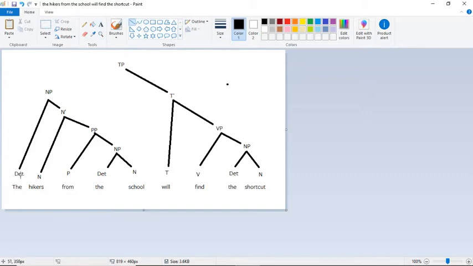What is this specifier giving information about? So again, if we talk about the rather than some, the hikers from the school. Does this work? How do I explain this? Well, we're talking about a specific group of hikers from the school. So when we use the definite article, usually it's in the case where we have established shared information between two speakers.